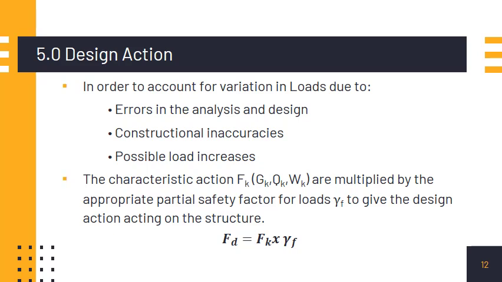Why we need to multiply with safety factor is because of many reasons such as error in the analysis or design, maybe there is a construction inaccuracy, and possible load increase in the future. By multiplying with safety factor, our design load will become increased.